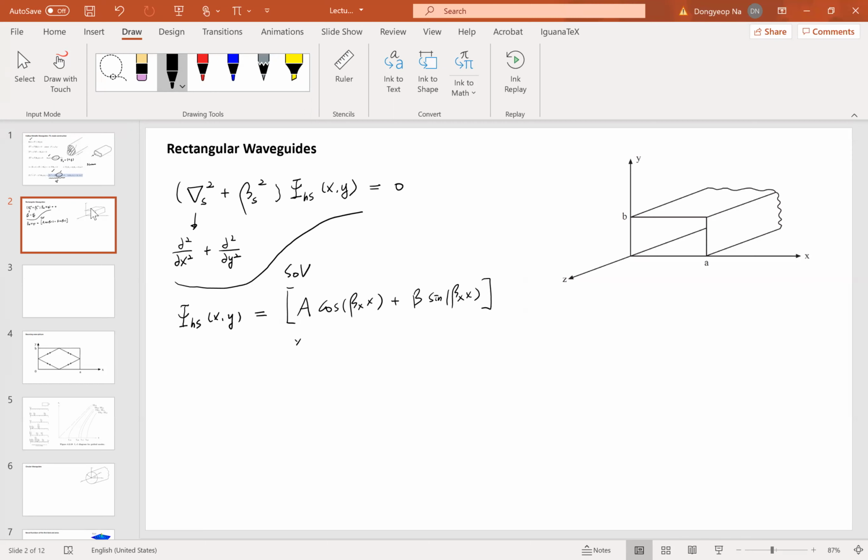This is the x contribution, and this is the y contribution. So this is the general solution.